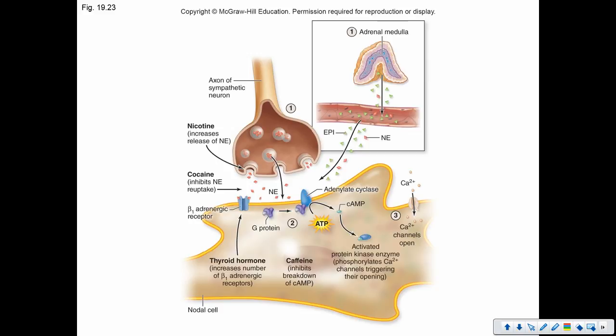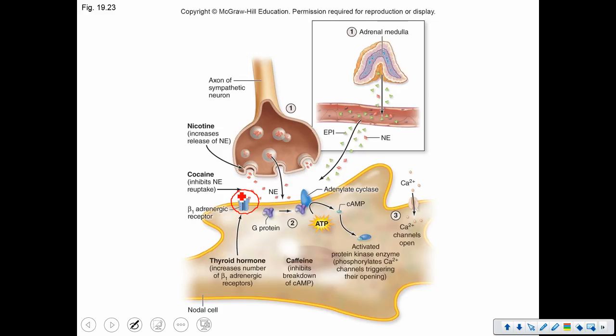Let's see here. What's going to happen if you look at this picture kind of brings us back to the first week of class where we have a receptor on the cell. And these receptors happen to be on the heart, okay?